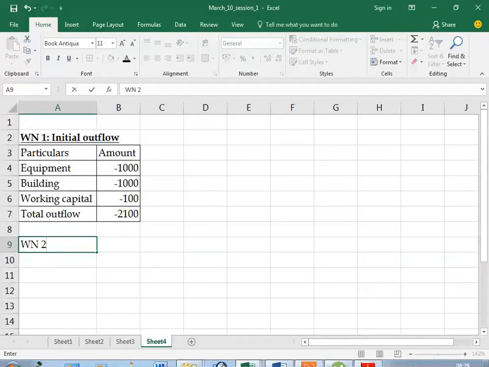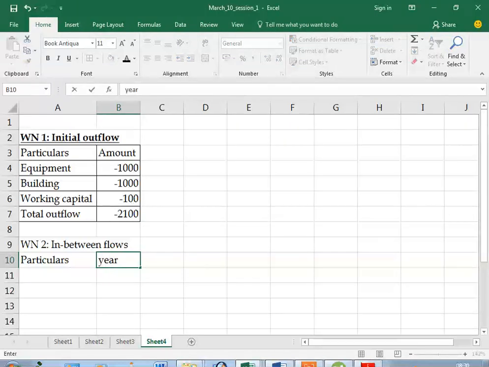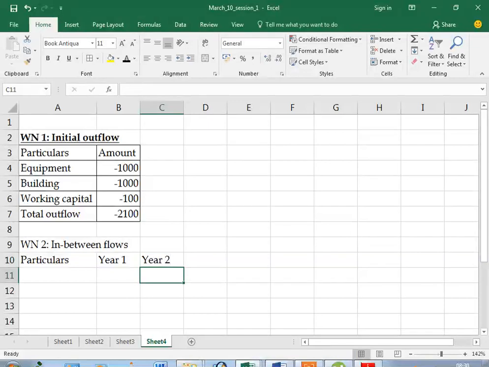Now I'll take you through the in-between flows. You listen for some time and then write it. Particulars and how many years? I'll have to do it separately because depreciation is going to be different for different years.